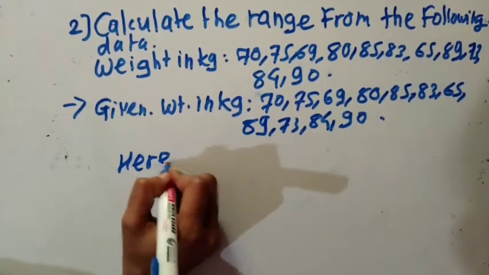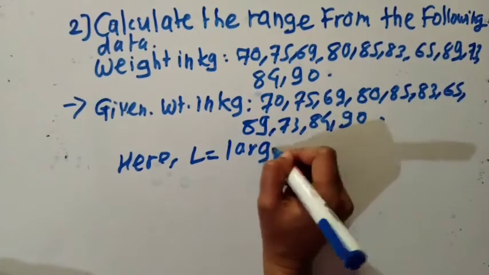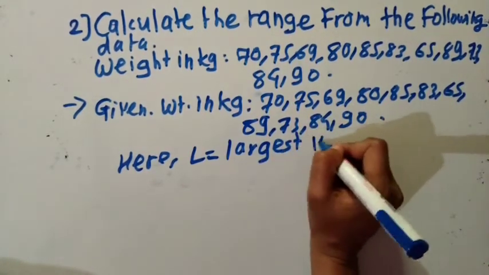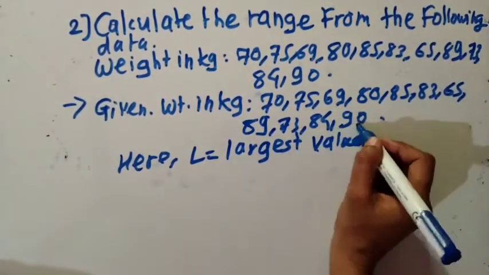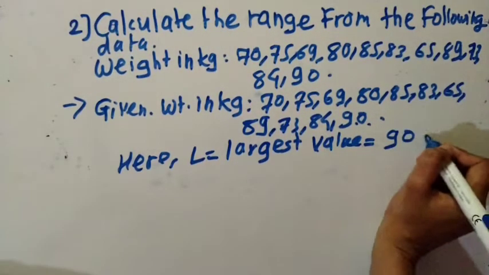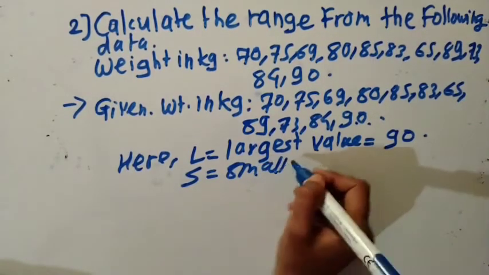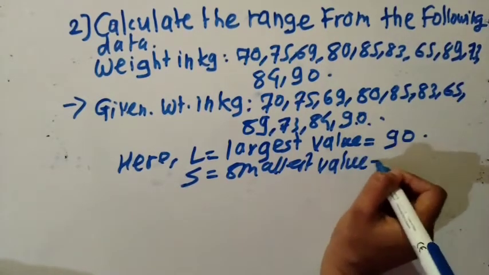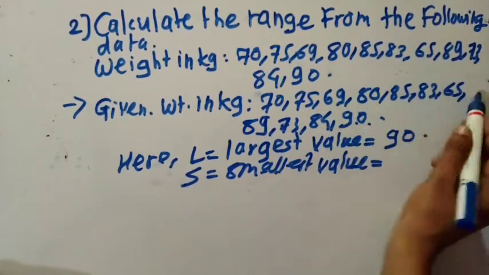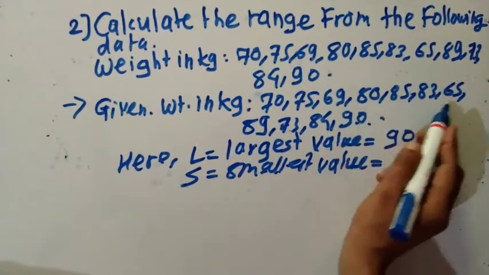Then here L is the largest value, and the largest value is 90, and S is the smallest value, and here the smallest value is 65.